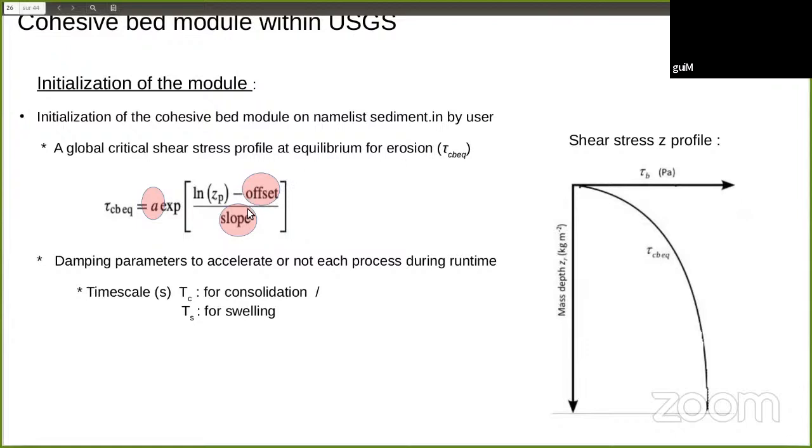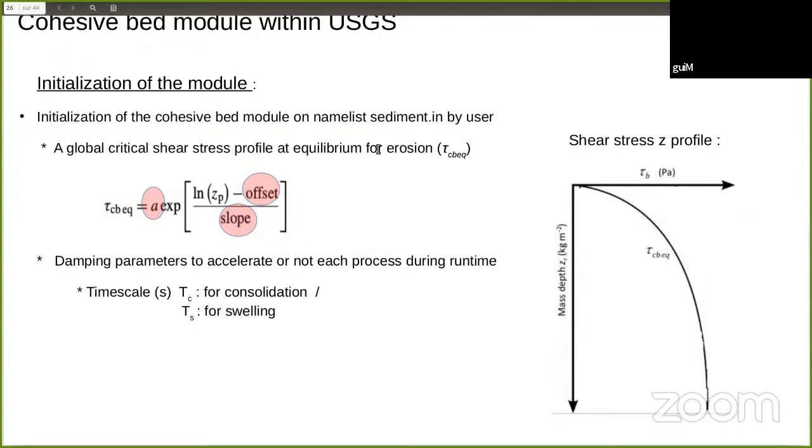For these test cases it is constant, and it is already in the namelist. This kind of parameter will build a shear stress at equilibrium for erosion. So at the very beginning you will have this shear stress profile as a reference.